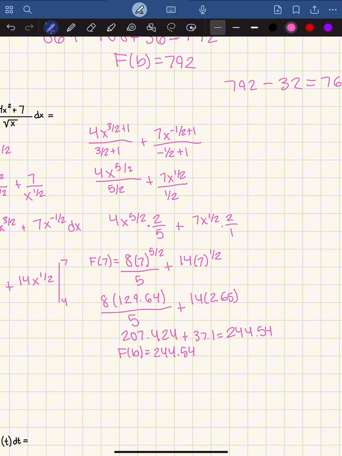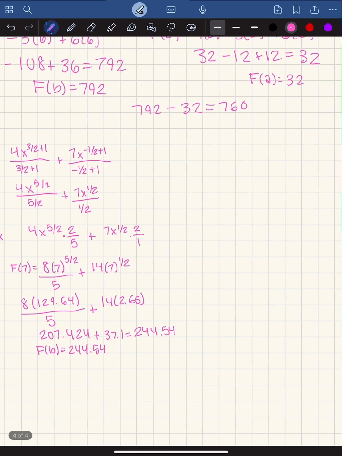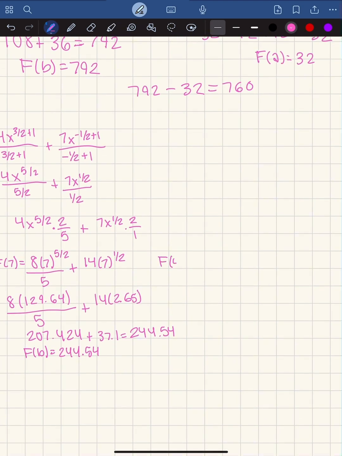For FTC, we do F of b minus F of a. So now we can do big F of 4 to get F of a. So plug in 4 to all the x's. And this simplifies to 8 times 32 over 5 plus 14 times 2. And this equals 51.2, and 14 times 2 is 28.